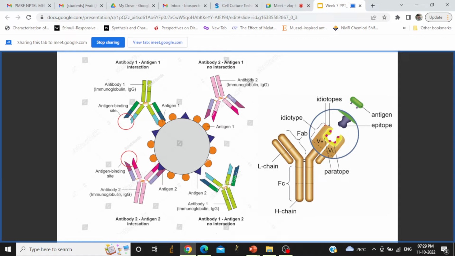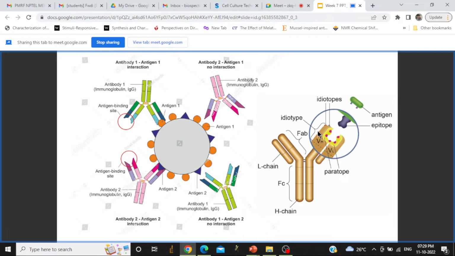So here in this slide, I have shown the antigen and antibody. This is the antibody, Y-shaped. It has 2 chains. This is the heavy chain, this is the light chain. So 2 heavy chains are present and 2 light chains are present. This portion is called the constant region, and this portion is called the variable region.